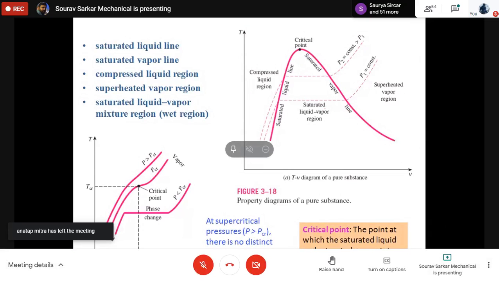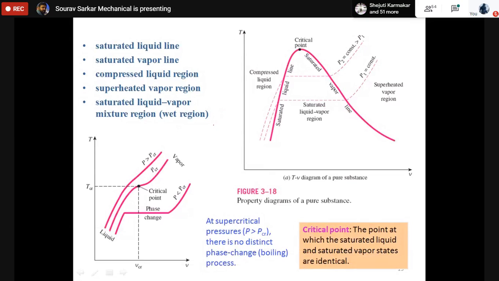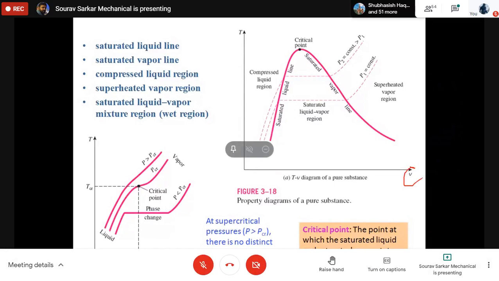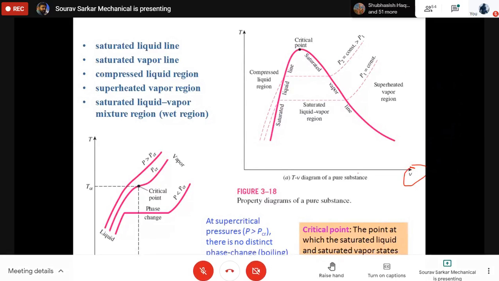Okay, so what I was trying to say is that this experiment was done per unit volume. So it is basically the specific volume, per unit mass.